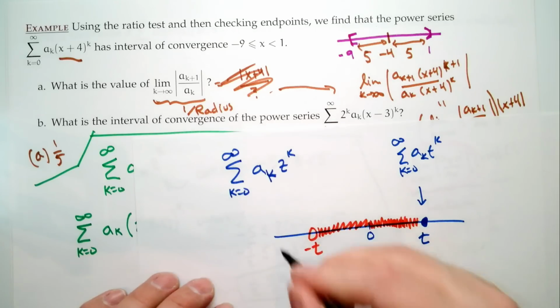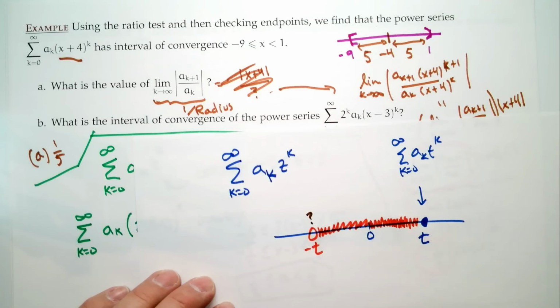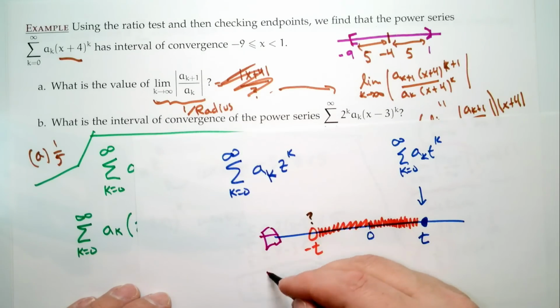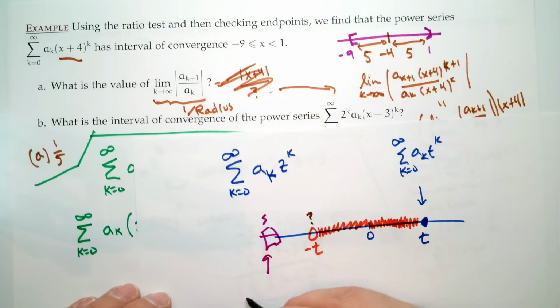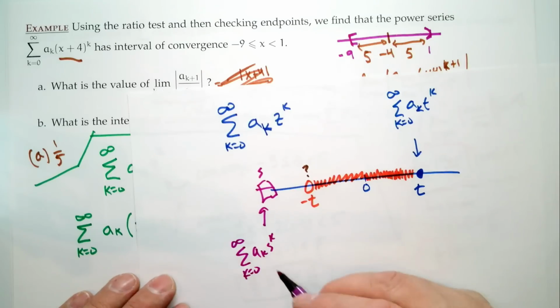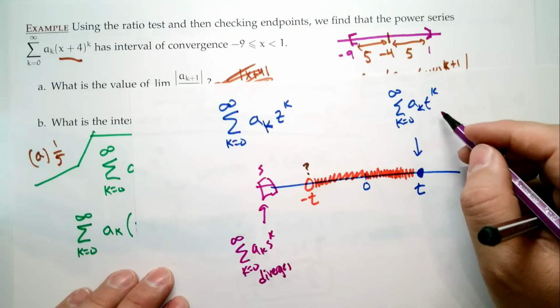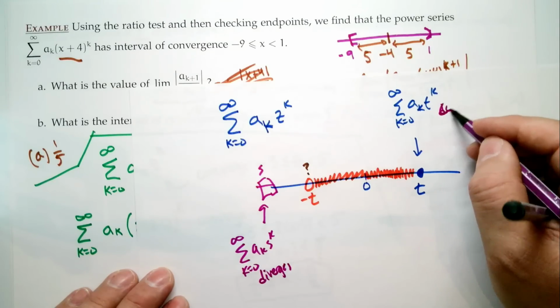What if I know that something must diverge? So over here, let's say this is our point s. The summation k equals 0 to infinity of a_k s to the k. Suppose we know that this diverges. What does that say? Well, it says that it doesn't go to 0 fast enough.